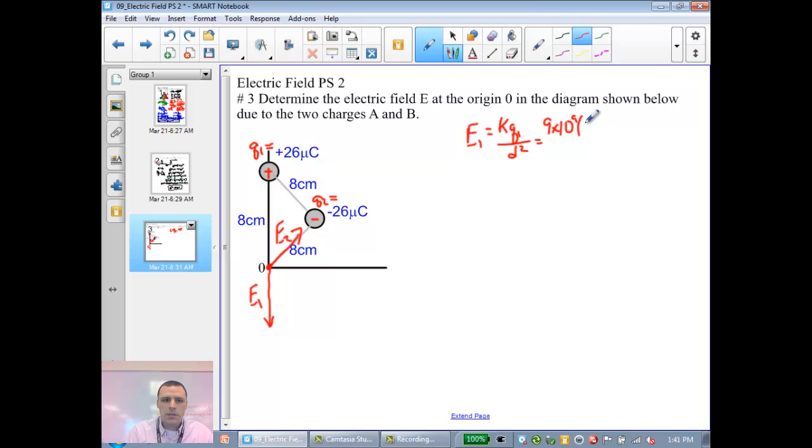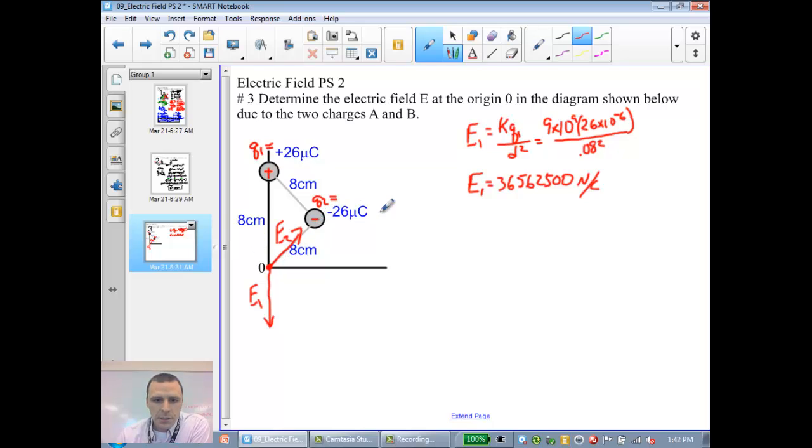Q1 is 26 microcoulombs, which is 10 to the negative 6, divided by 8 centimeters, 0.08 squared, and that answer is, let me look it up, 36,562,500 newtons per coulomb.